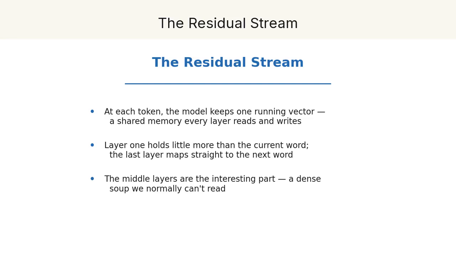By the final layer, it has been sculpted into something you can read the next word straight off of. It's the layers in between where the real thinking happens, and that's exactly where the vector becomes a dense, high-dimensional soup that we normally have no way to interpret. The whole game of the Jacobian lens is to make those middle layers legible, to reach in and ask what concepts are living in this vector right now.